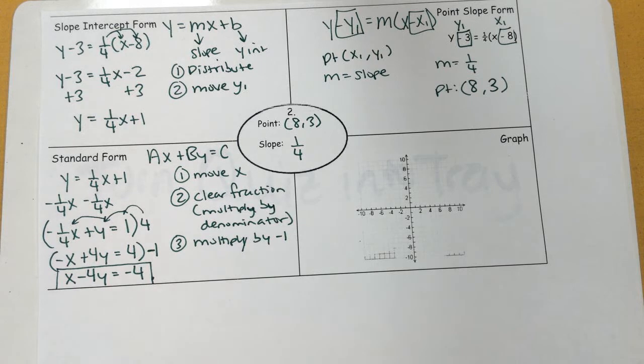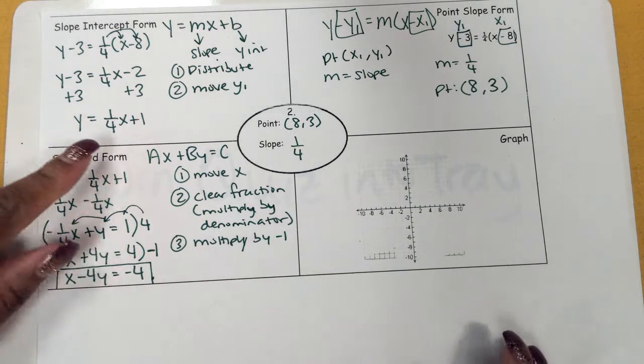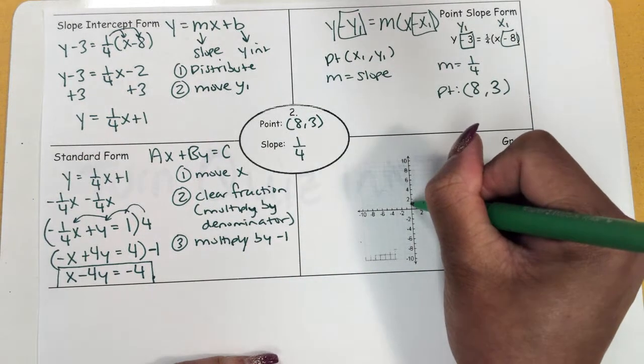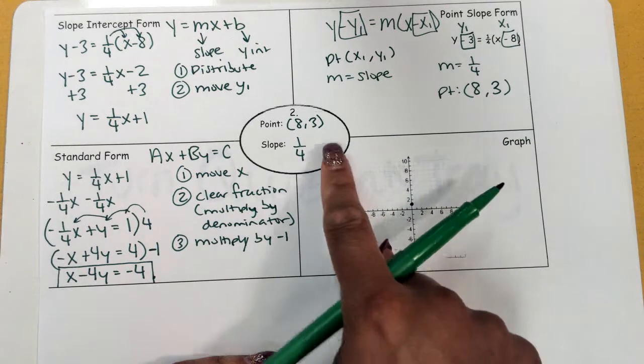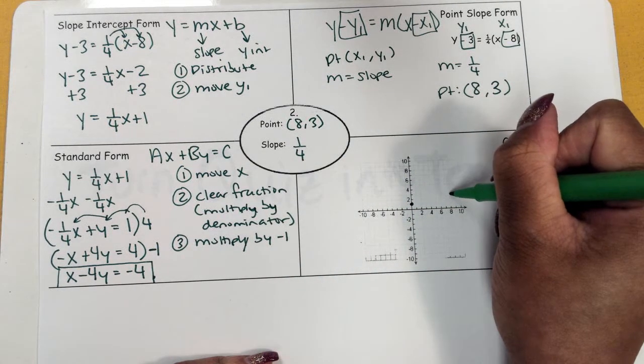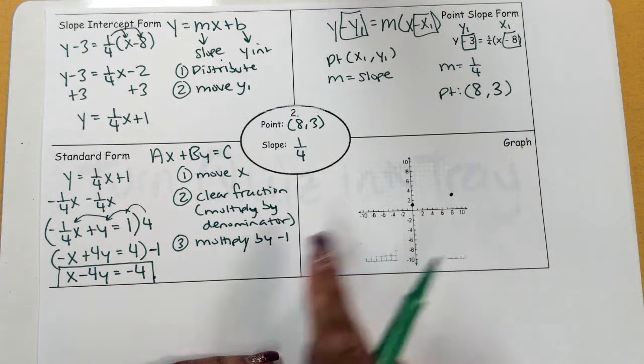Now all I have left to do is graph. So my y-intercept is at 1. So at 0, 1. And then I already have a point at 8, 3. So now I can use my slope to graph the rest.